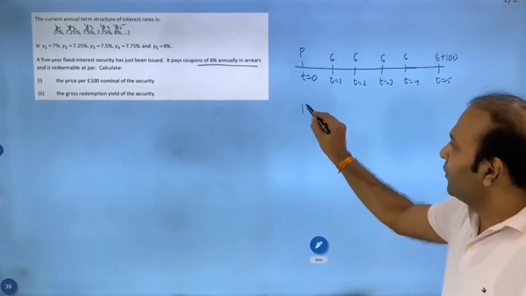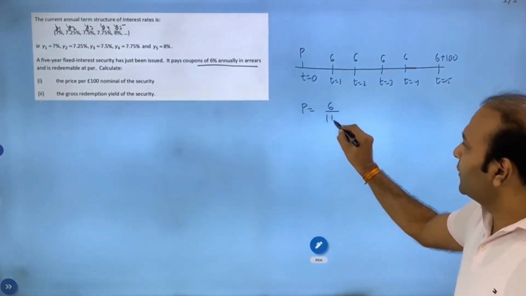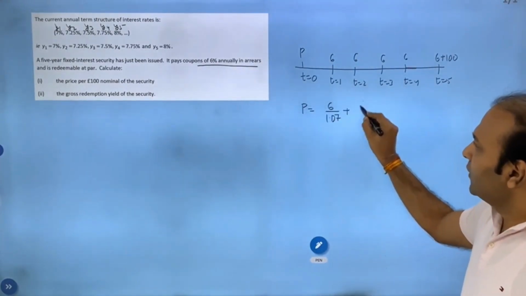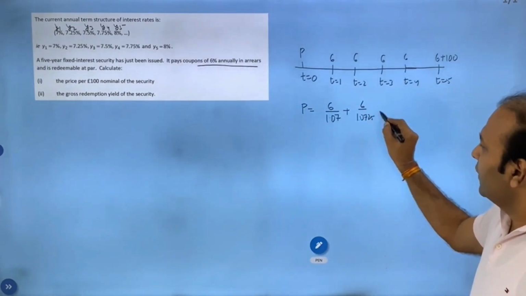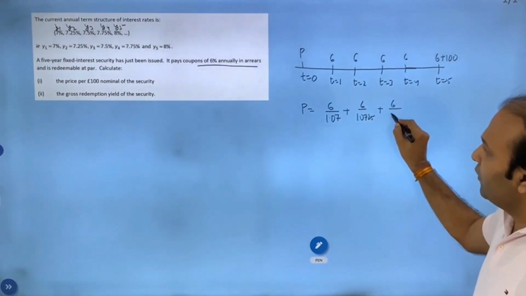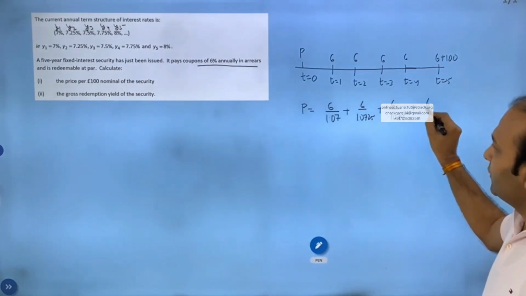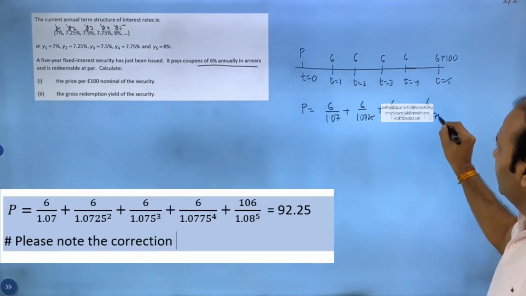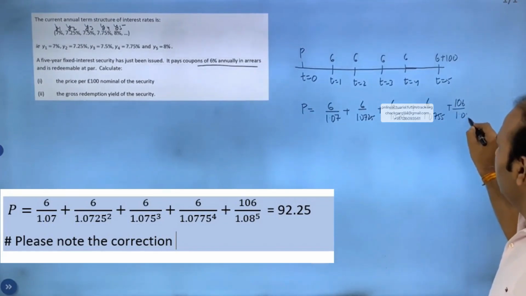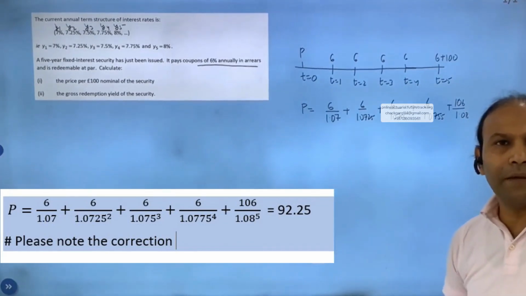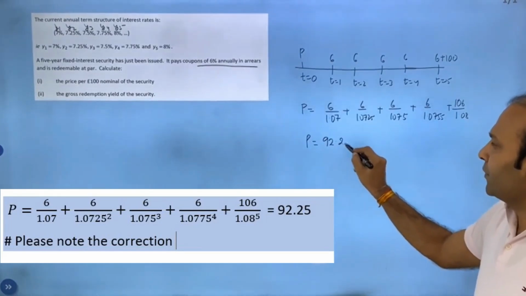So class, my price formula is P is equal to 6 divided by 1.07 plus 6 divided by 1.0725 plus 6 divided by 1.075 and so on. Fine. Class, when you solve this, we get 92.25.